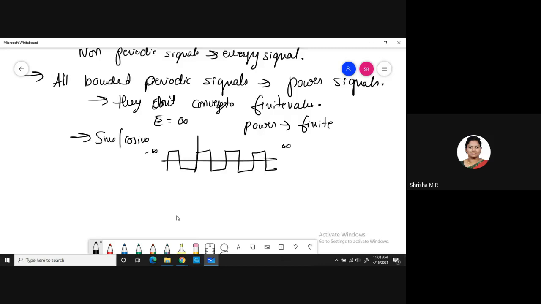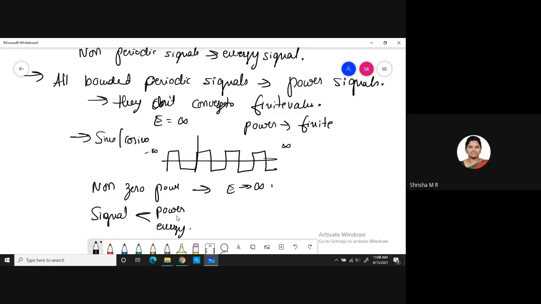These are all power signals. So these sinusoidal or cosine or periodic signals have non-zero power, but they have infinite energy. A signal can be either a power signal or an energy signal. It cannot be both an energy signal and a power signal.